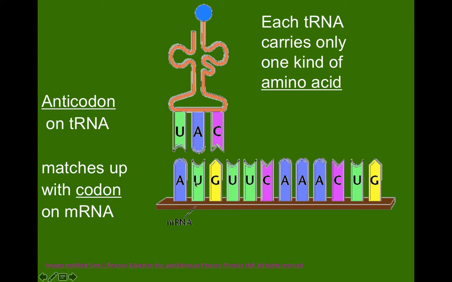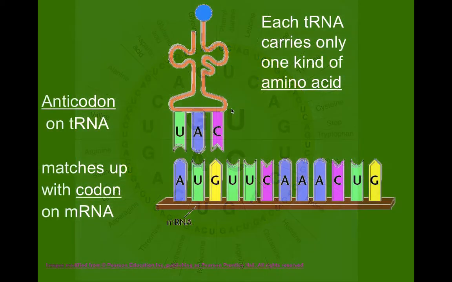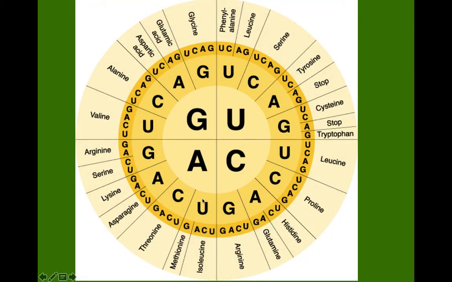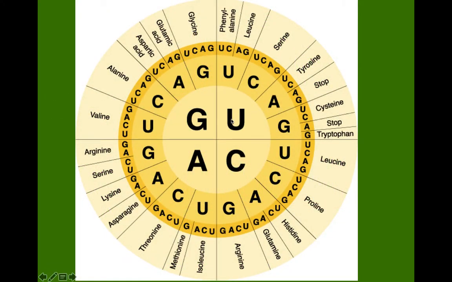It matches up with the codon, and each tRNA only carries one kind of amino acid. It's actually AUG, so that's methionine, so it's only going to carry methionine, and then the others will only carry their amino acid as well. So UCC, the next one that's coming along, we should have serine next.